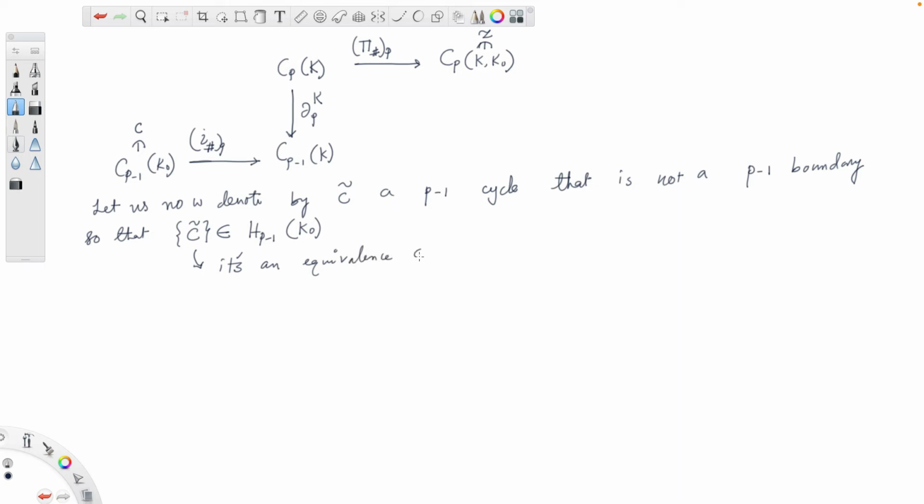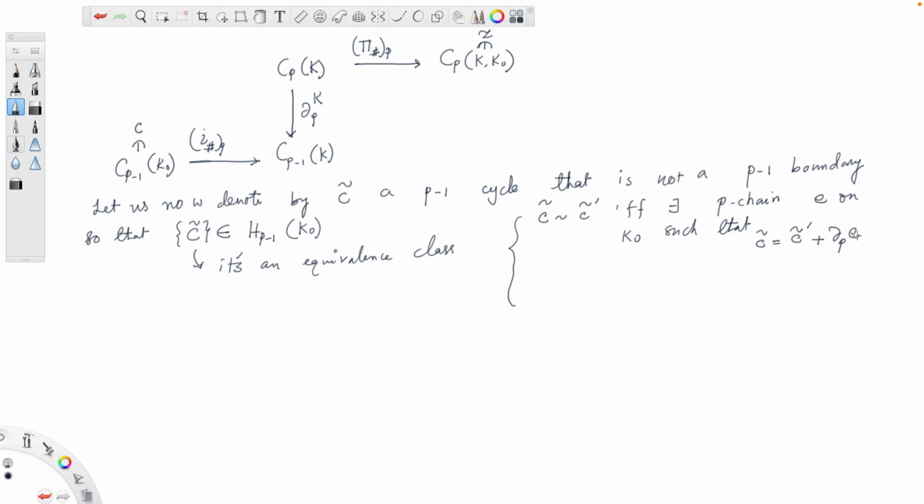Equivalence class c here. So by the equivalence class, I mean that there is an equivalence relation under which it becomes an equivalence class. It means that c tilde is equivalent to c tilde prime if there exists a p-chain e on K0 such that c tilde is equal to c tilde prime plus ∂_p e.